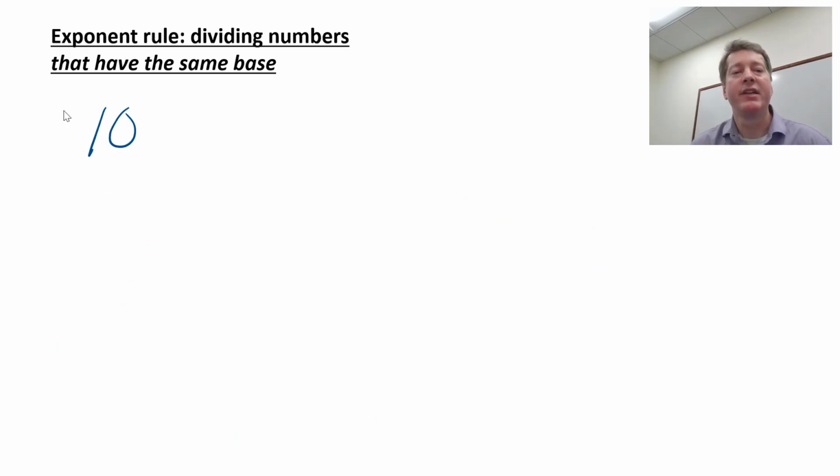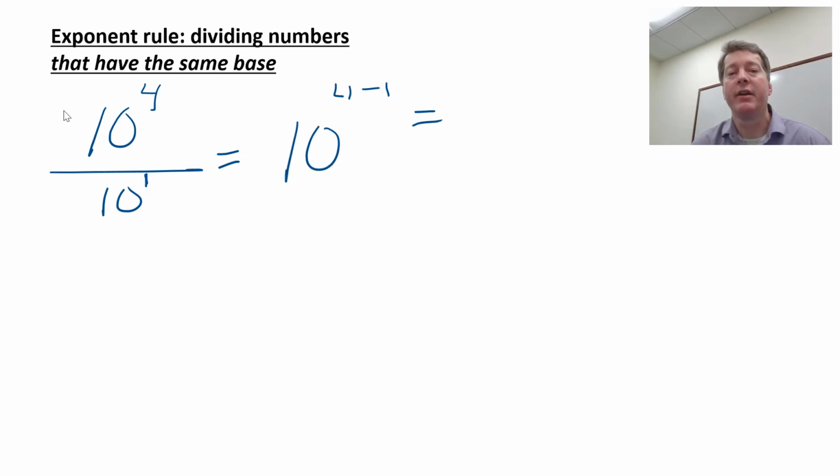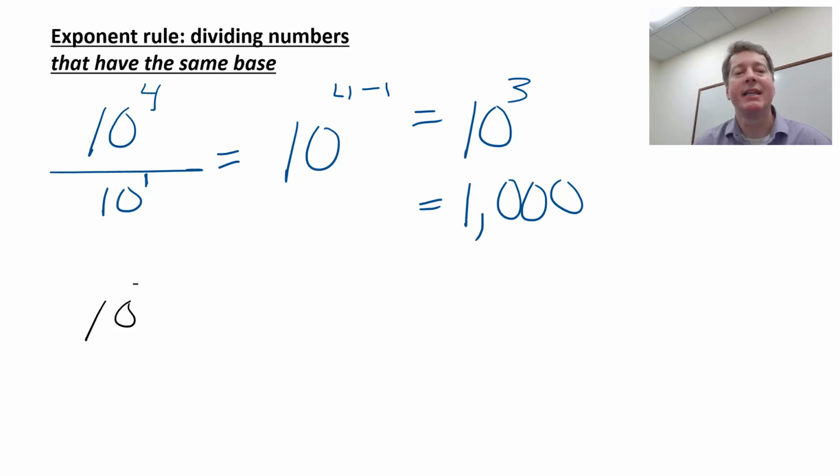Suppose I had 10 raised to the power of 4, 10 to the fourth divided by 10. Same rule, you subtract the exponents because 10 is the same as 10 to the 1. So this is 10 to the 4 minus 1. This is 10 cubed. This is what? This is 1,000. Suppose I had 10 to the negative 2 divided by 10 to the negative 4.